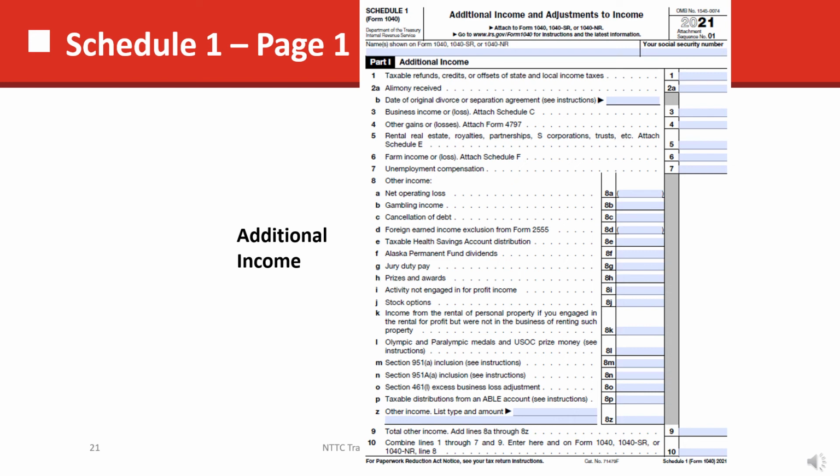Now they are on separate forms. So we have additional income starting with taxable refunds, alimony, business income, other gains and losses, farm income, unemployment. So we have lots of different additional incomes, all of which is tallied up at the bottom and then moved over to the 1040. So the total amount that comes from this page goes over onto the 1040.